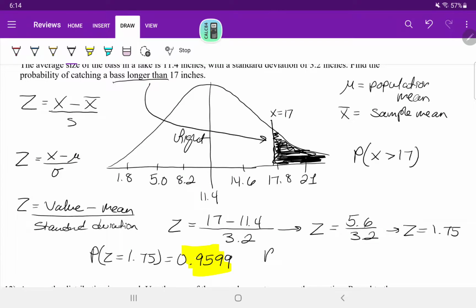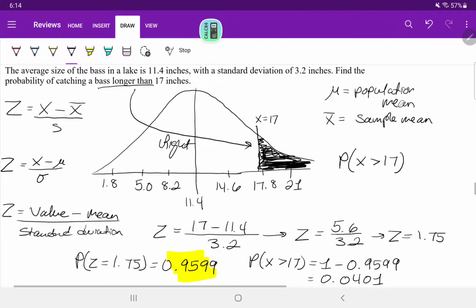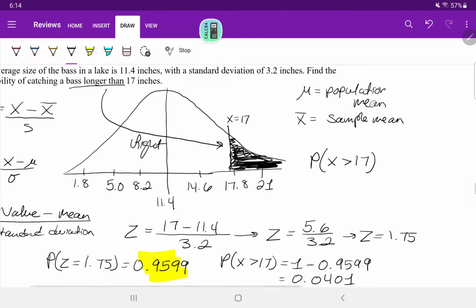So the probability that a bass will be longer than 17 inches is 1 minus 0.9599, and that equals 0.0401. It wants it as a percentage. So when I make that into a percentage, that is going to be 4.01%.